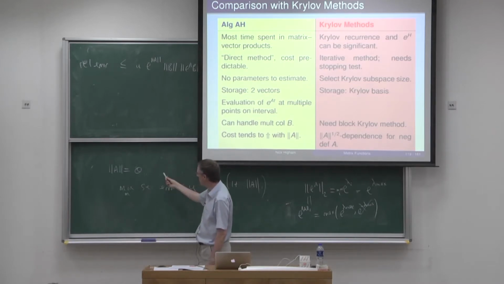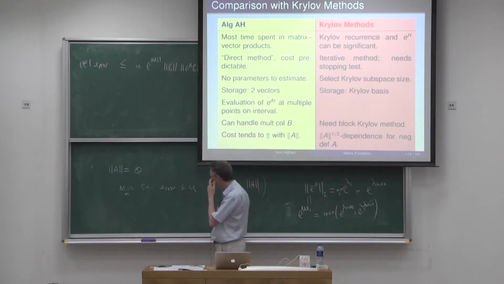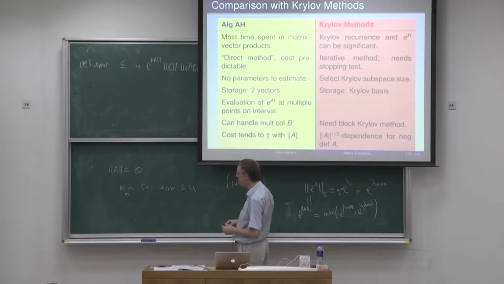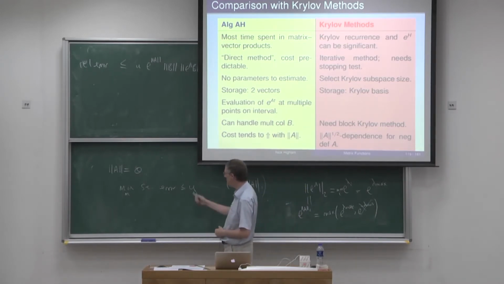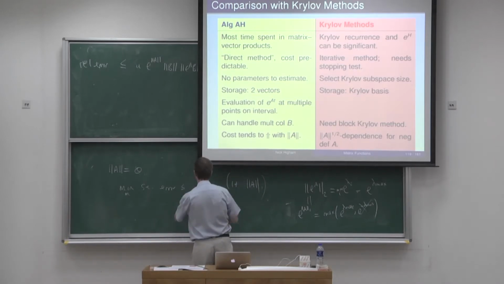If you imagine we've scaled the norm to some value theta, then we can say what is the smallest degree of the polynomial or the rational function or whatever, such that the error is bounded by our tolerance.